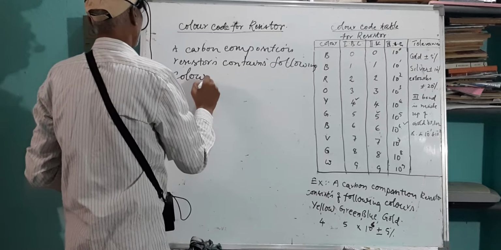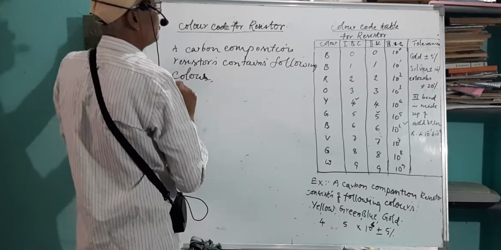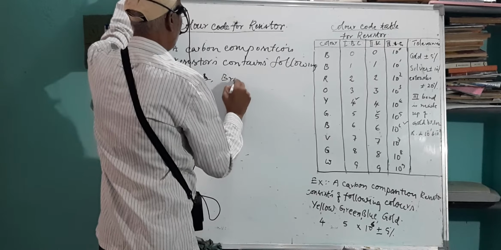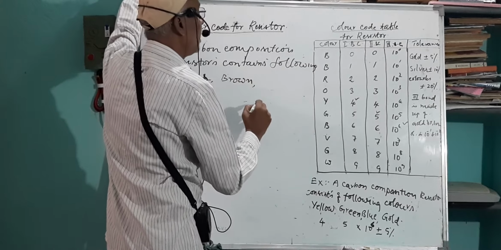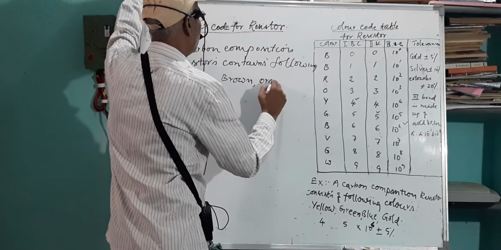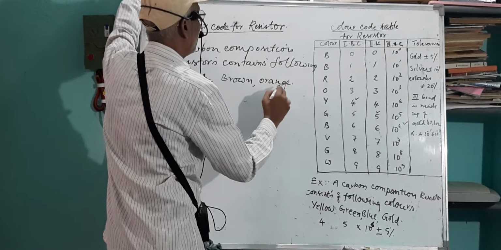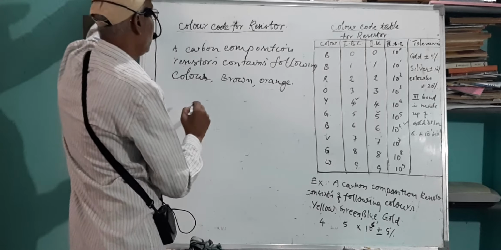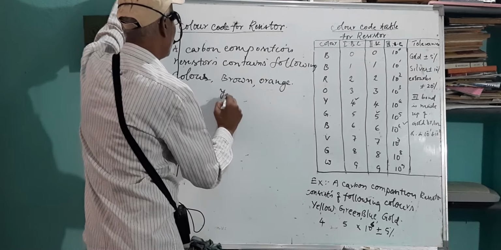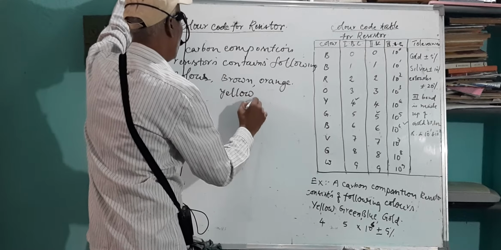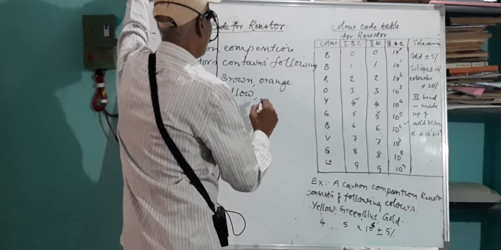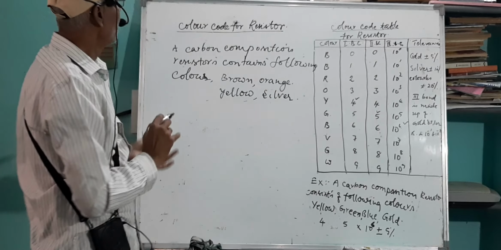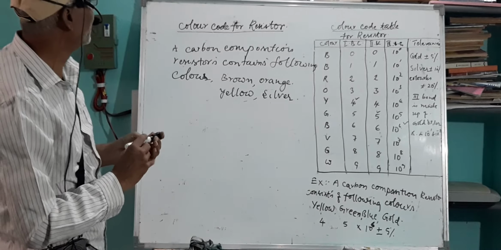First is brown, then orange, then the third color band is yellow, and the fourth band is silver. So how do we find out the resistance value with the help of these colors?